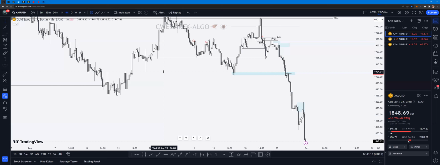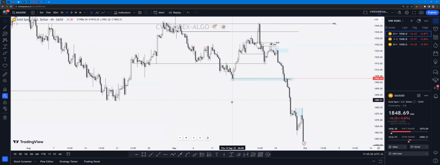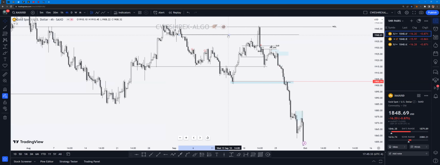You don't just pull trend lines from anywhere. You can know how to mark them, but you will be left with the logic behind them.